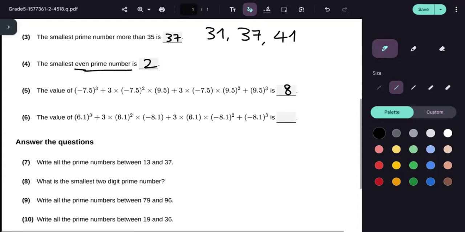Now for about 2 minutes, can you try question 6? Just type it into your calculator. I'll give you about 2 minutes. Right, here we go.